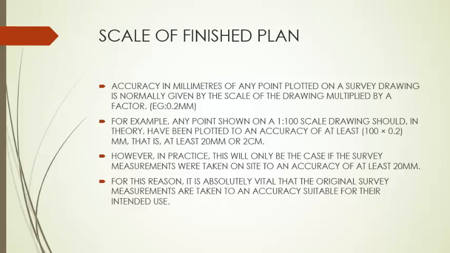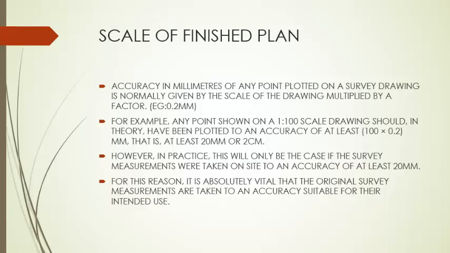For example, any point shown on a 1/100 scale drawing should, in theory, have been plotted to an accuracy of at least 100 multiplied by 0.2 millimeter. That is at least 20 millimeters or 2 centimeters.